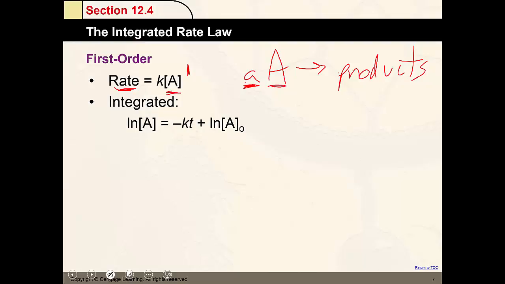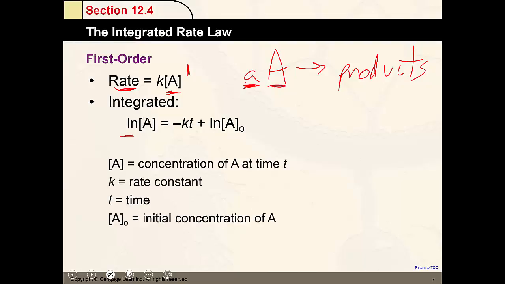Now for the integrated rate law, it shows us how concentration and time affect rate. So our integrated rate law for first order, we take the natural log, ln, of our concentration of A at some time t, and that's equal to negative kt. k is still our rate constant. t is our time, normally given in seconds.